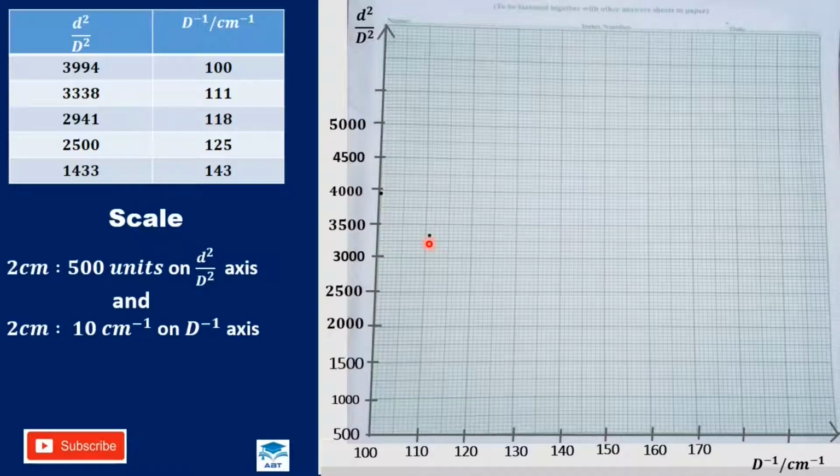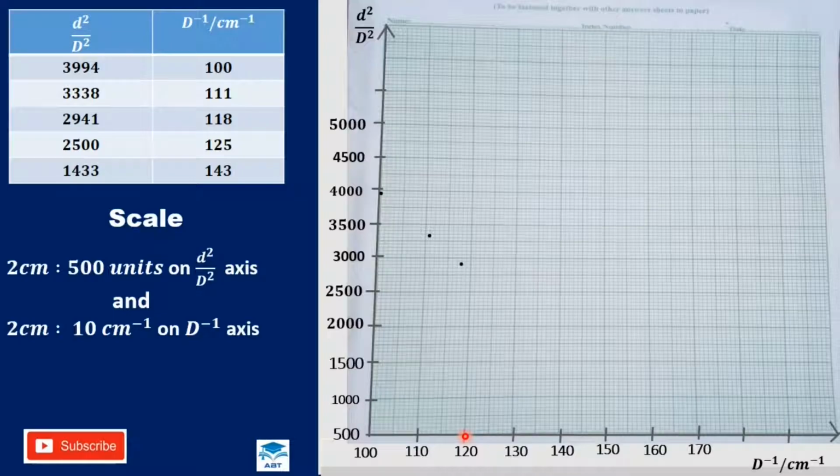For the next point, on the horizontal axis, this is 110. So we move 8 small boxes to the right, which is 118. On the vertical axis, 2941 will be within this small box. For the next point, this is 120.